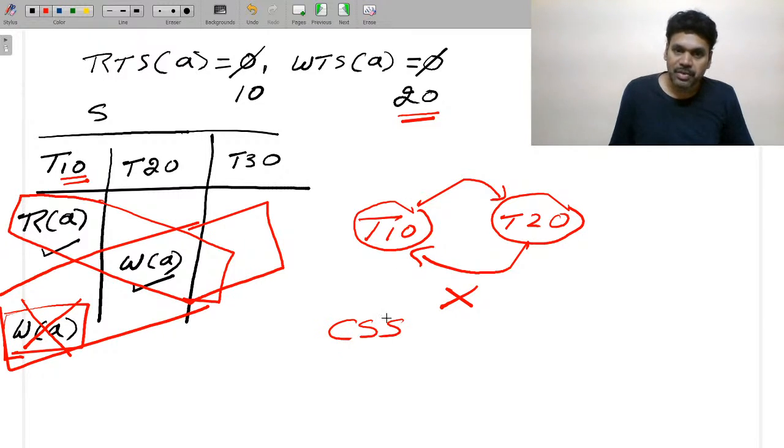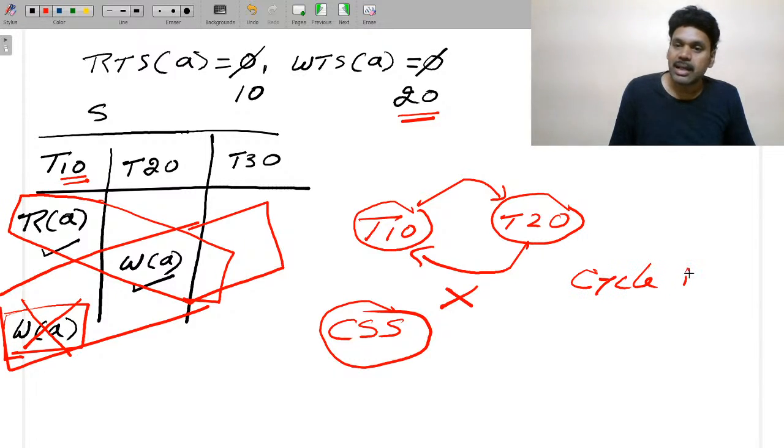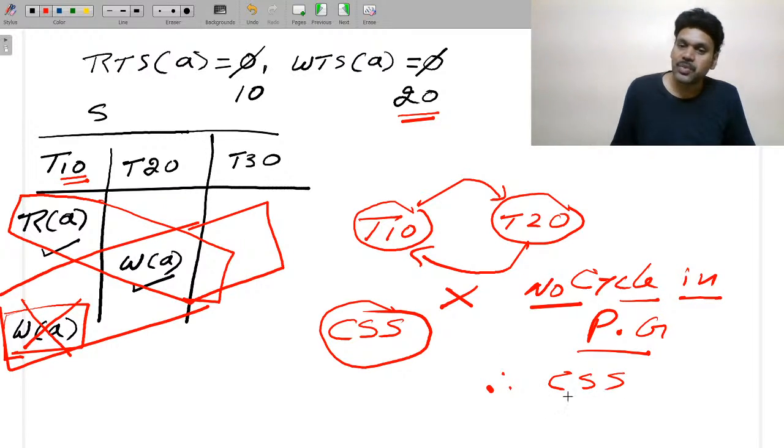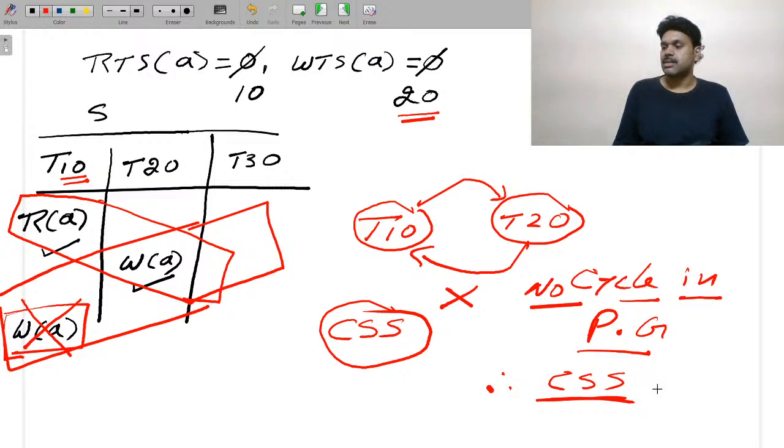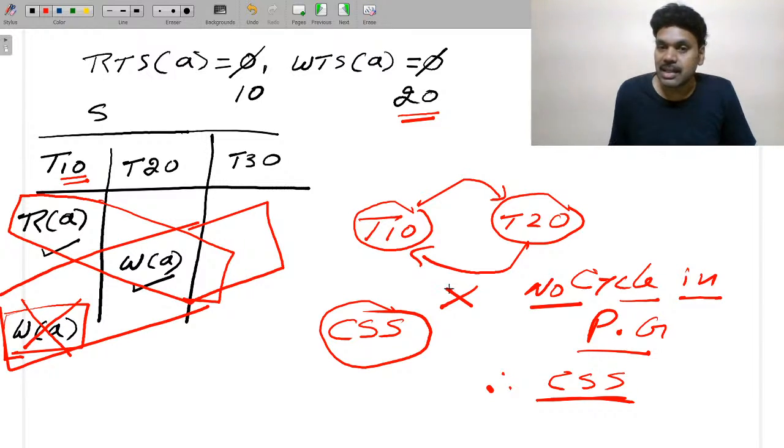So we can confirm you never get any cycle in the precedence graph. Therefore, it guarantees what? CSS.